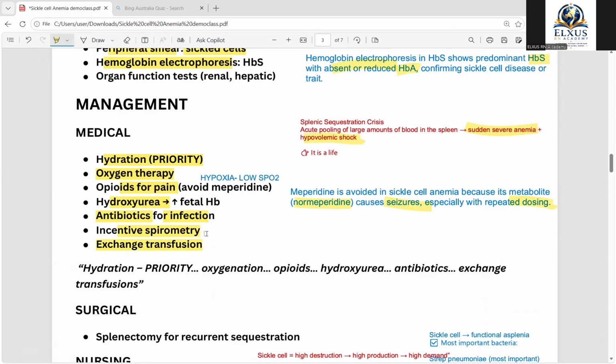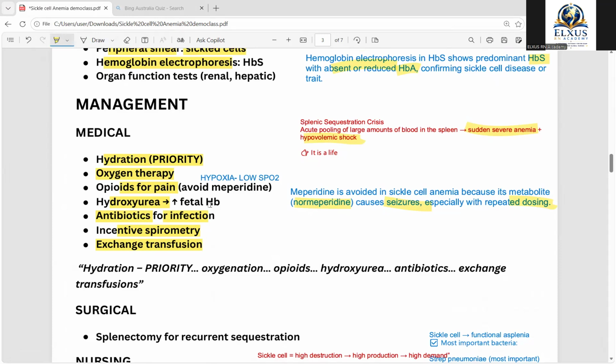Incentive spirometry is also used: the lung is getting affected and the secretions become thickened, so to improve lung compliance and increase lung capacity, the patient needs incentive spirometry. And also exchange transfusion. Why? Because the sickled hemoglobin needs to be replaced with normal hemoglobin.